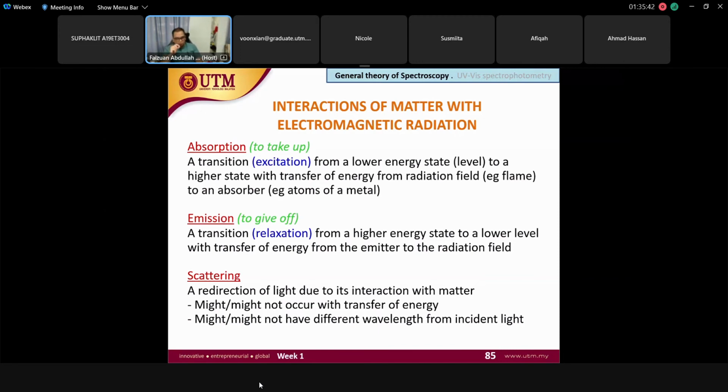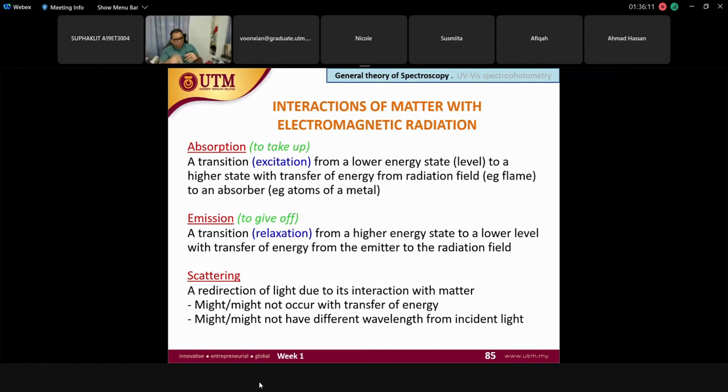So it is calcium. And how much energy there is will be translated into the concentration. This is the concentration of calcium inside the sample, because this is the amount of energy emitted, similar to the amount of energy that can only be emitted or absorbed by calcium. So this is the concept.